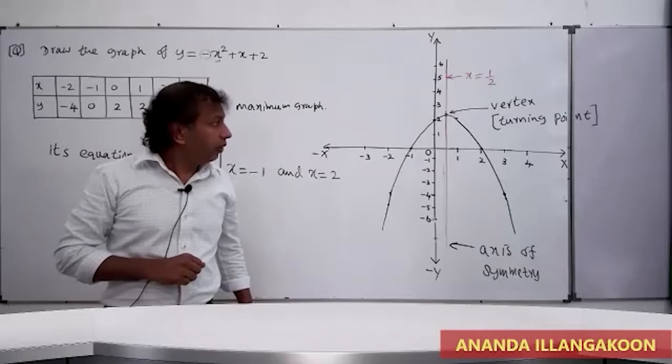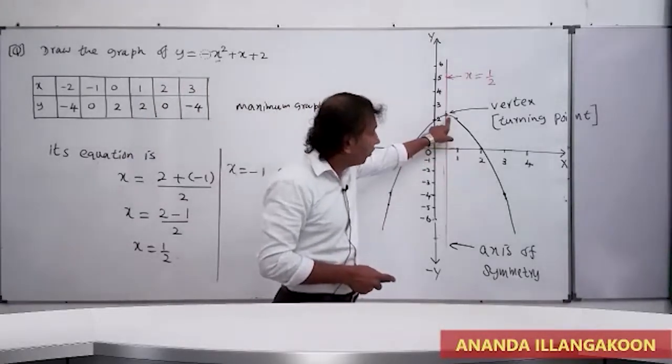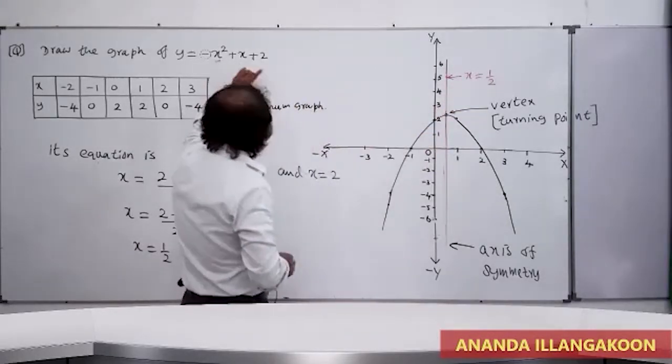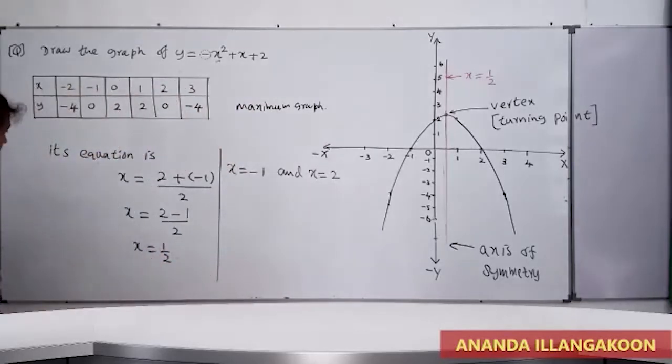One thing we didn't find is the y coordinate of the vertex. How to find that? Put in x equals half and simplify.